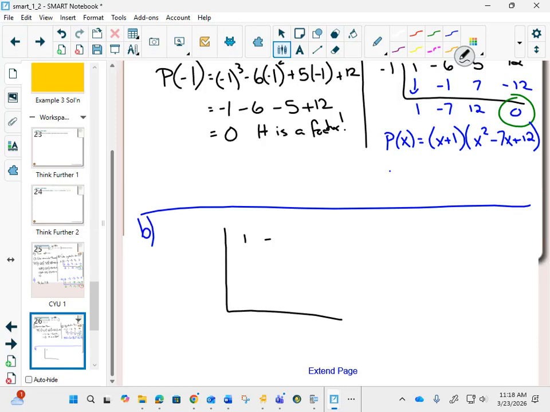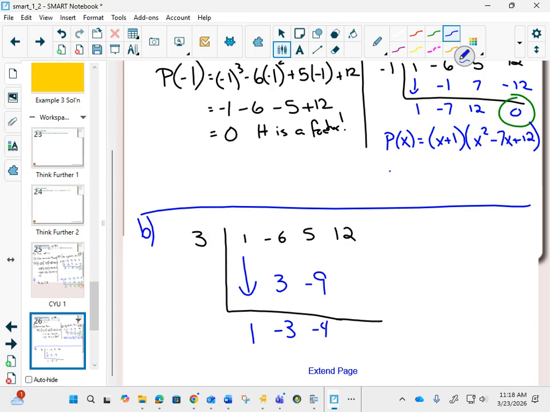Still have my numbers 1, -6, 5, and 12. And this time I am dividing by x minus 3, so there would be a positive 3 out in front. Bring down your 1. Multiply, add, multiply, add, multiply, add. We've got a remainder of 0.